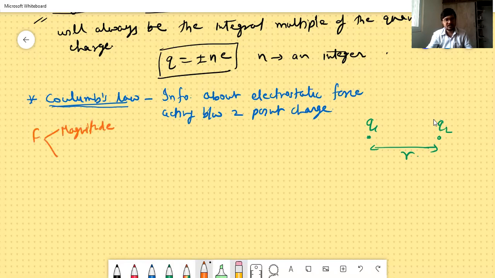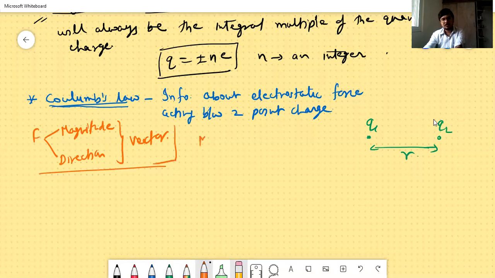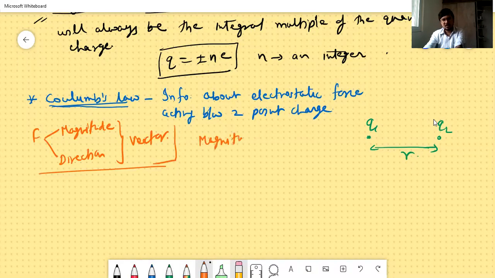and direction, because it is a vector quantity. First of all, we will talk about the magnitude. Coulomb told us that the magnitude of this force will be proportional to the product of charges, and it will be inversely proportional to the square of separation between them.